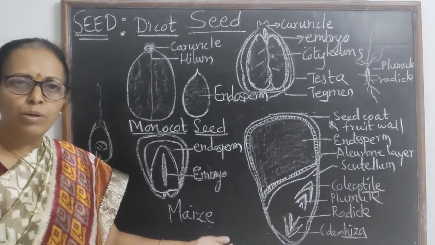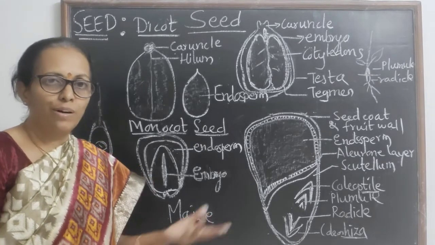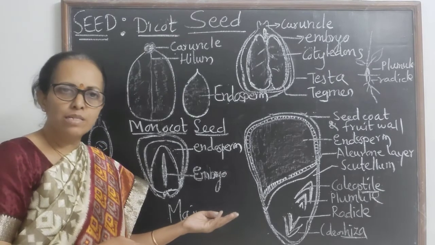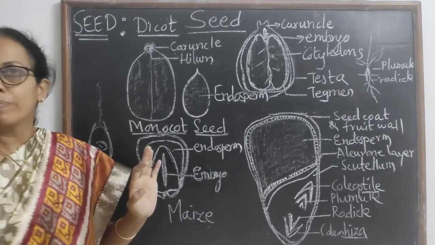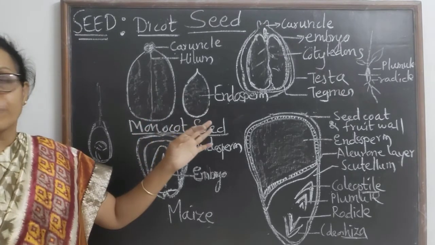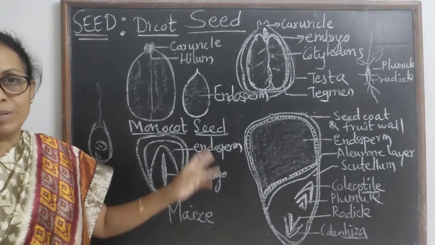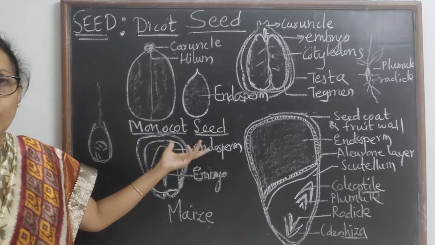You can even go for the structural arrangements in jowar or other cereals, where a similar kind of arrangement you will get. So that is all about the seeds, the true seeds, dicot and monocot seeds, from which we are going to obtain the new plant.